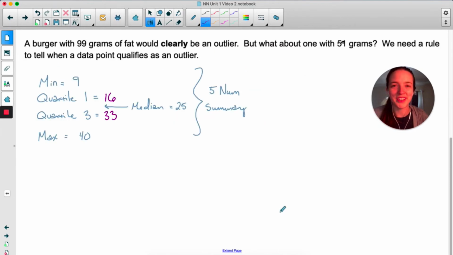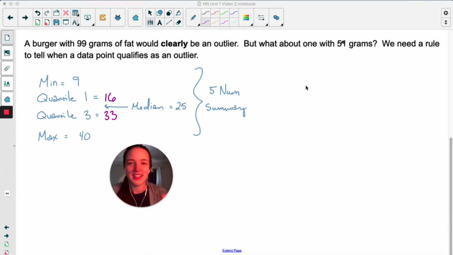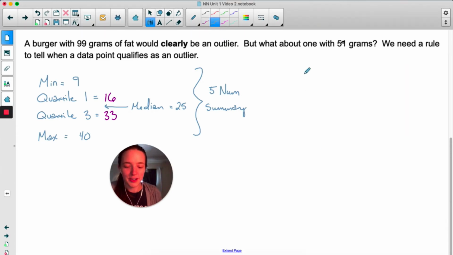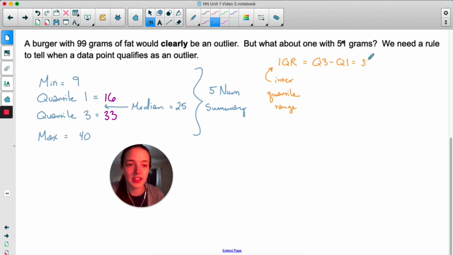Anyway, the point of all this was we were trying to figure out how we determine where outliers are. So here's the rule for outliers. Start by finding the interquartile range. The interquartile range is Q3 minus Q1. So Q3 minus Q1 in this case was 33 minus 16, that's 17.